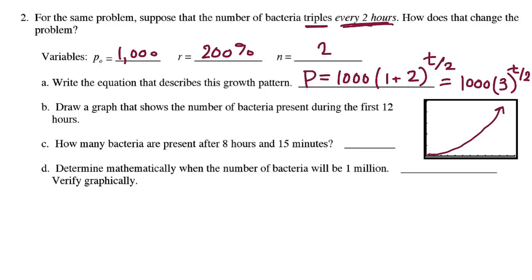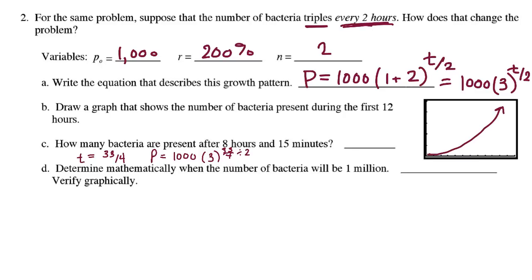Now for part C, how many bacteria are present after the same time frame? So let's look at the same time frame, 8 hours, 15 minutes, and we saw with the last problem that means my time is going to be 33 over 4. And now whenever I'm plugging into my equation, I'm going to have my initial population, 1,000, times 3 to the 33 over 4 divided by 2.